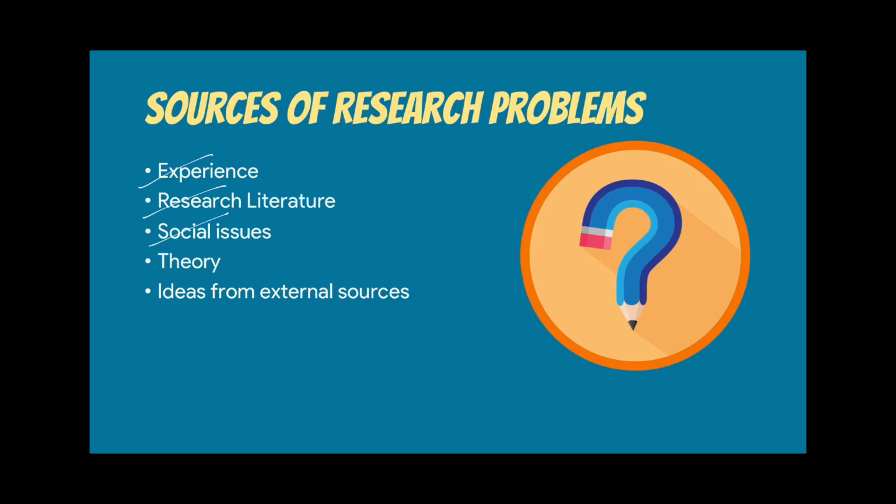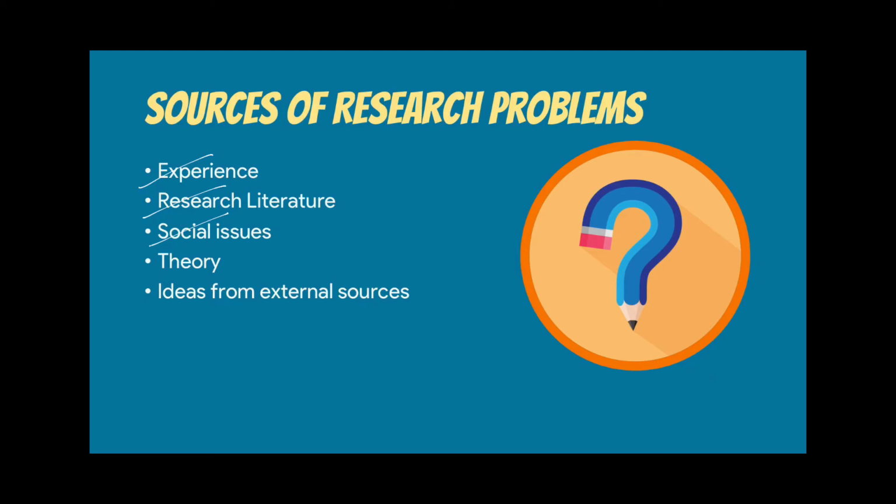Probably that's also the reason why you want to look into diversity and multiculturalism within sports teams, because that is a trend we mostly see in sports teams nowadays. So this can also be inspiration for your research problems.